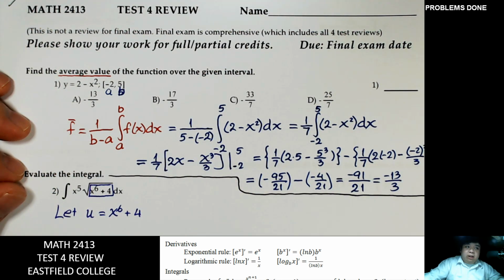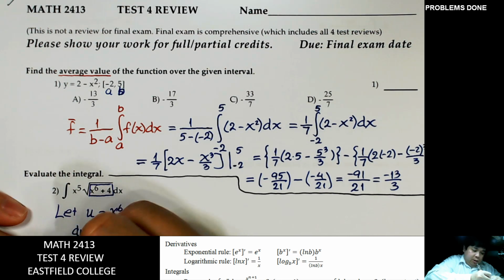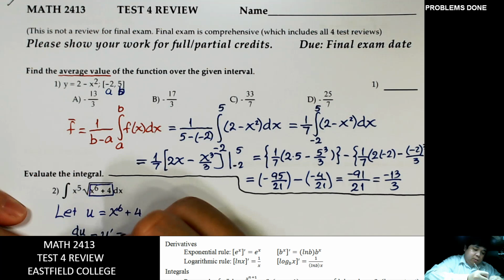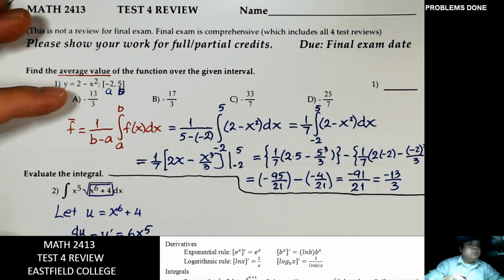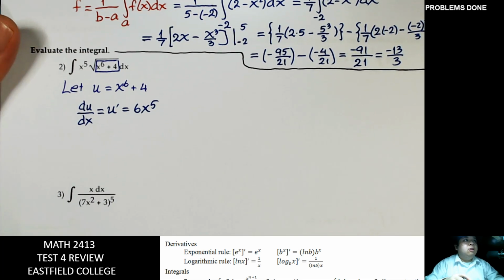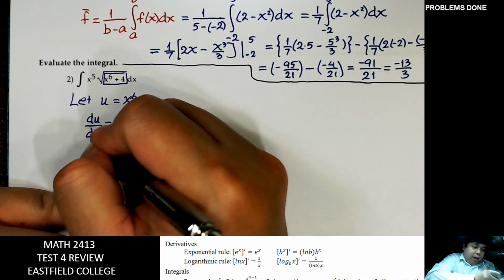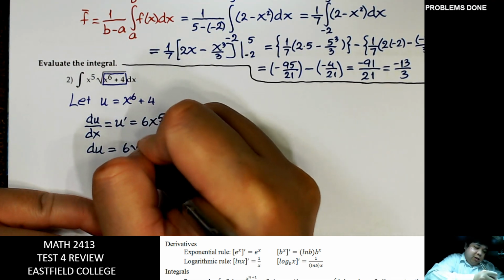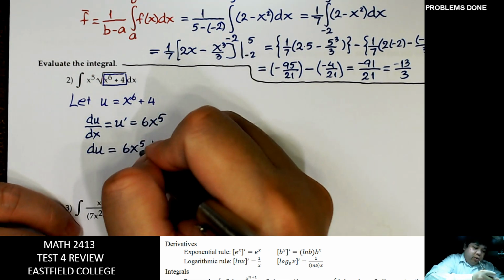And then we'll take the derivative, move the dx over, and divide by 6x to the 5th.